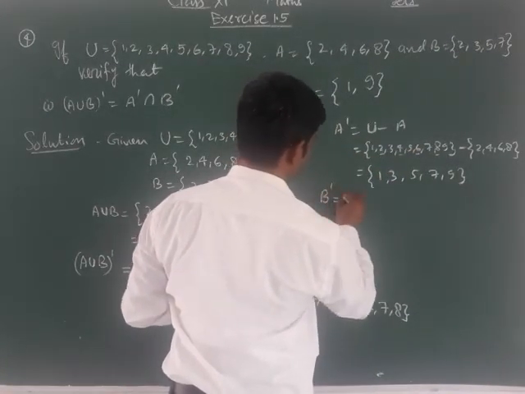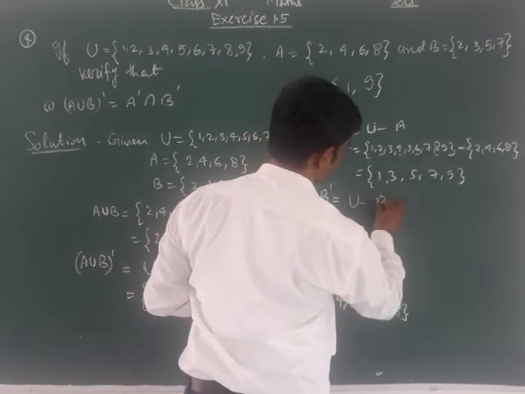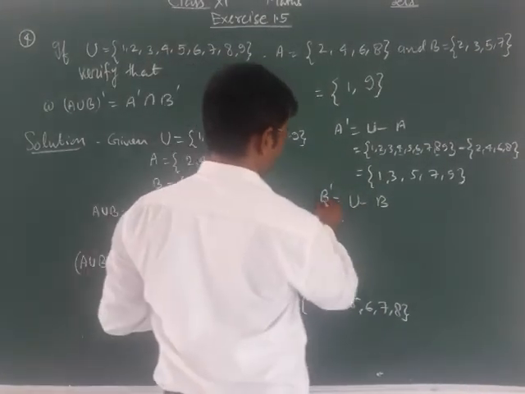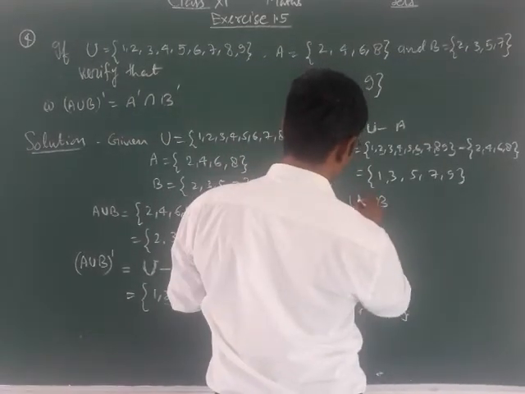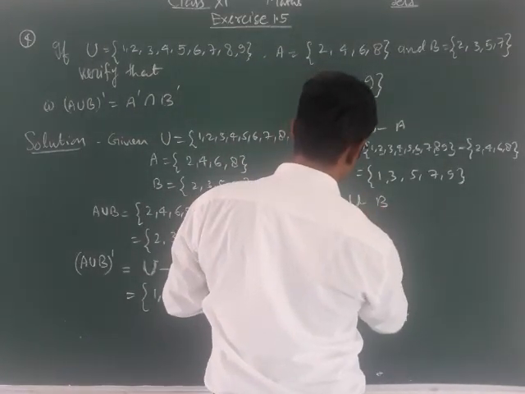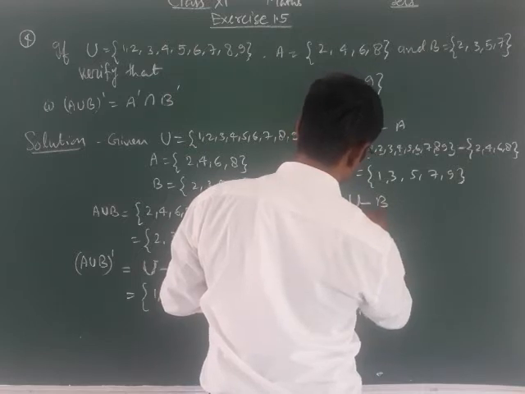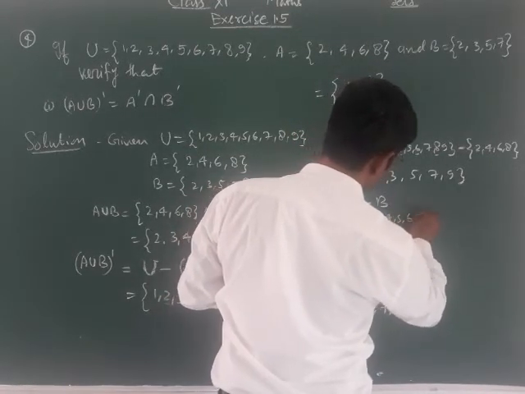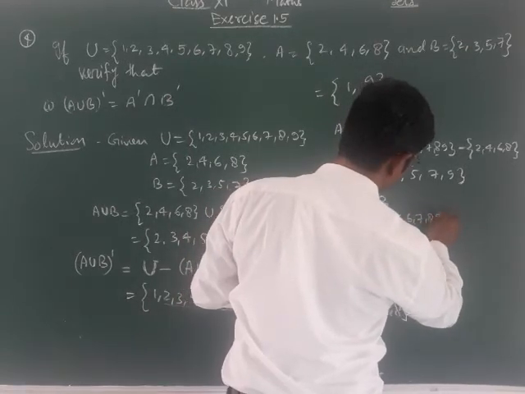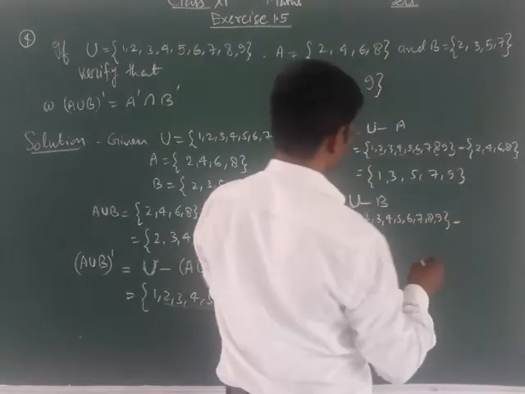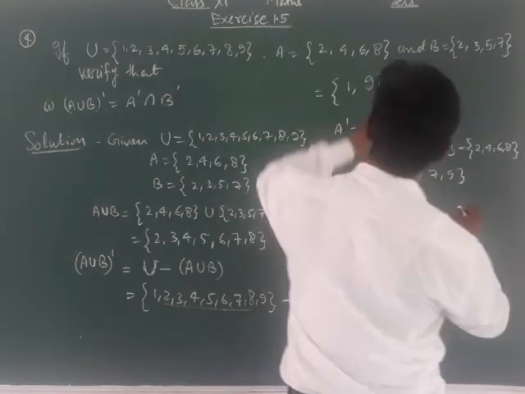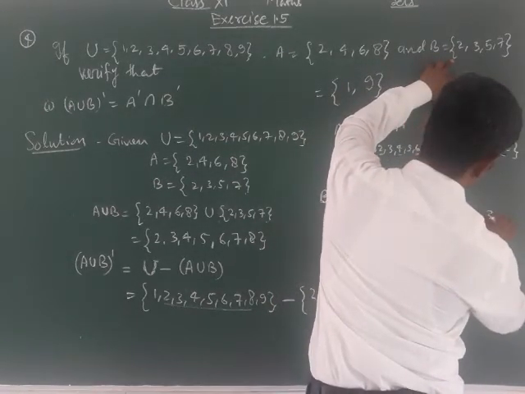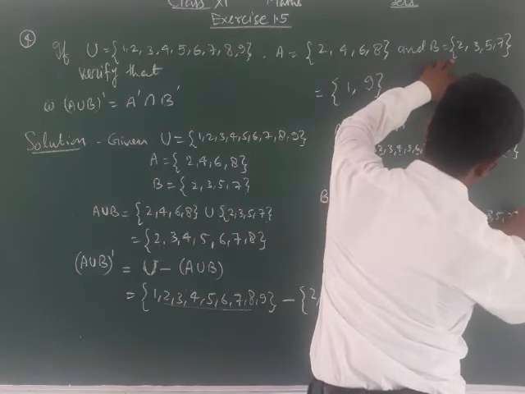B dash is equal to U minus B. So U is 1, 2, 3, 4, 5, 6, 7, 8, 9, and B has elements 2, 3, 5, 7.